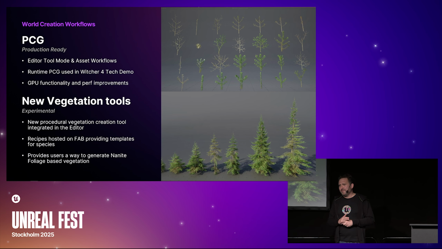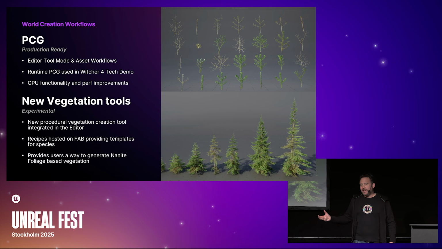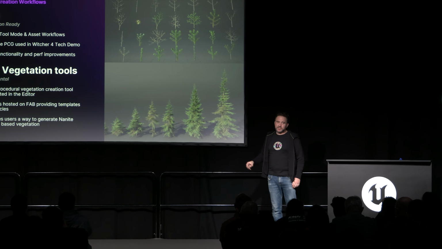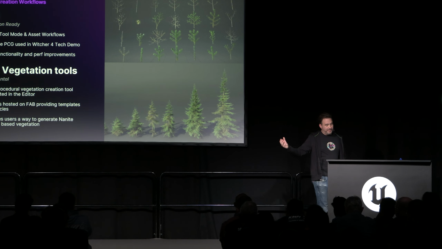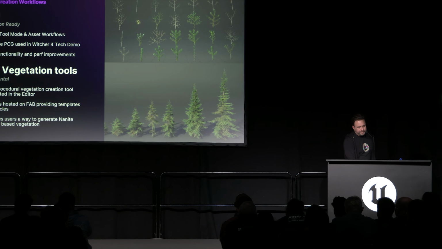Hopefully you can see it otherwise shortly or start playing around with it. It's a very early version of the tool, but the fortunate thing is that our Quixel guys have been working on foliage procedural tooling for many years, and that was living in an external tool. Now we're bringing all that knowledge and logic inside Unreal Editor to be able to build really complex foliage right inside the editor. That's all Nanite friendly.